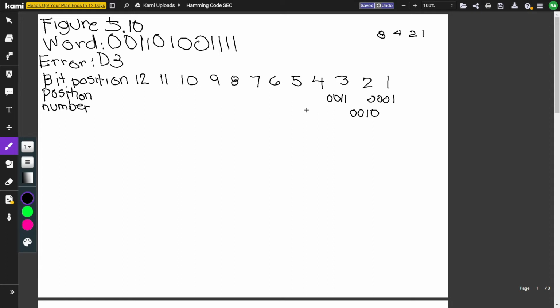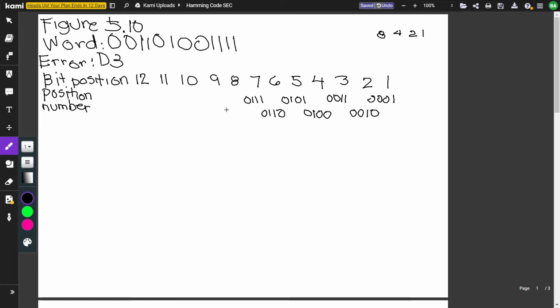Then 4 is 0100. 5 is 0101, so 4 plus 1 is equal to 5. 6 is 0110, 4 plus 2 is equal to 6. 7 is 0111, so 4 plus 2 plus 1 is equal to 7.